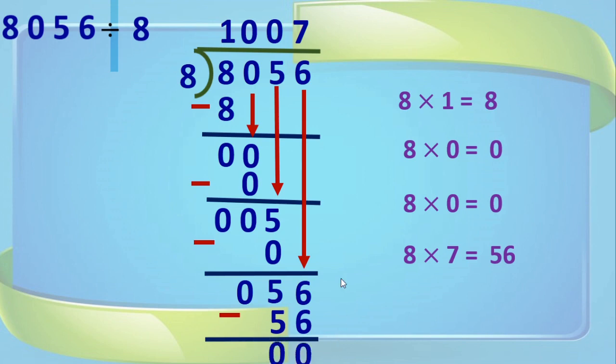Isn't it? Yes. Like this we have to follow the division method for a 4-digit number by a single digit. Okay. This is for your more knowledge. Got this? Here the quotient is 1007 and the divisor is 8. Dividend is 8056 and the remainder is 0.